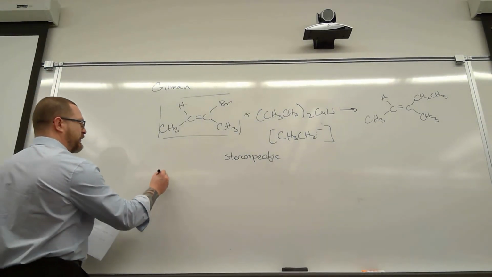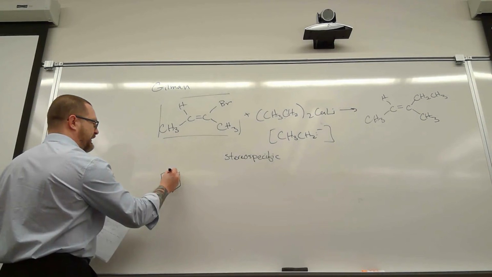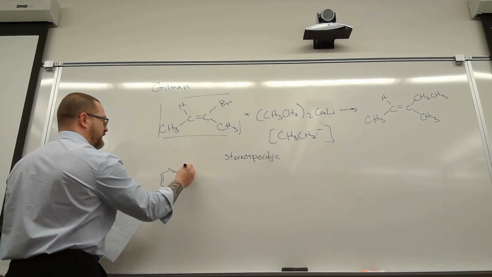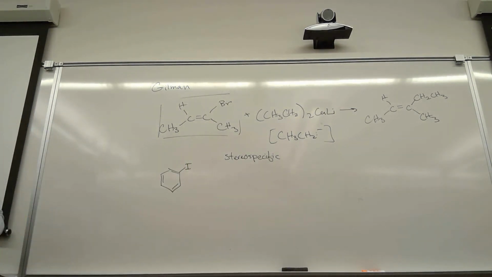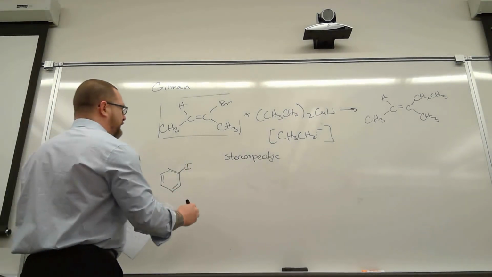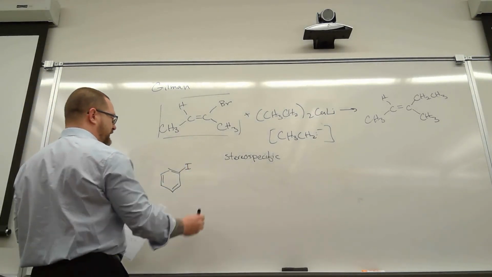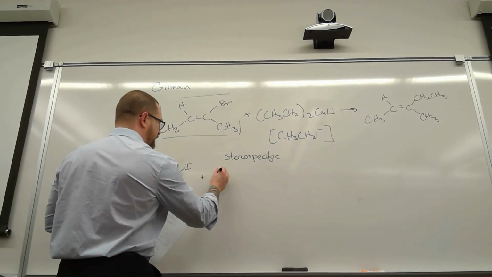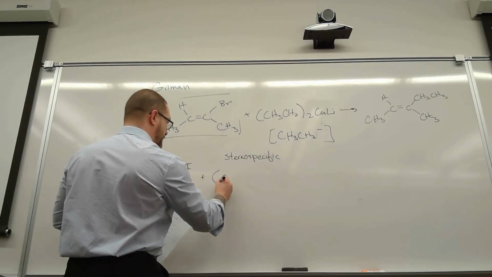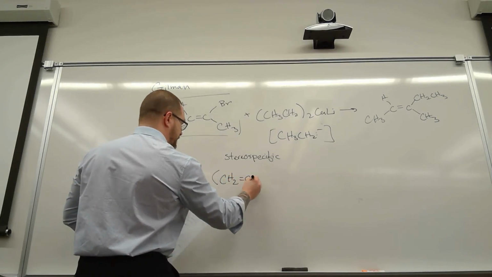Likewise, if we have something a little bit more complicated, like, let's say, this benzene ring with an iodine, and we want to put a carbon-carbon double bond on it to extend our conjugation out here, we can make a Gilman CH2.